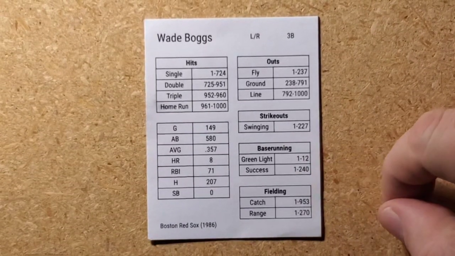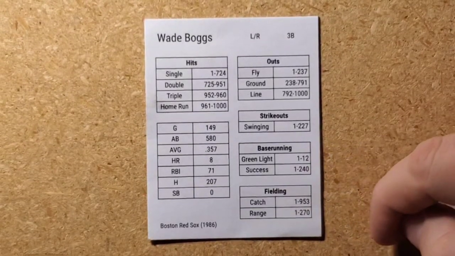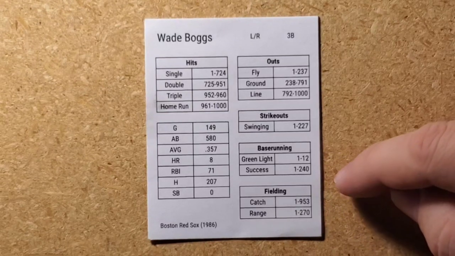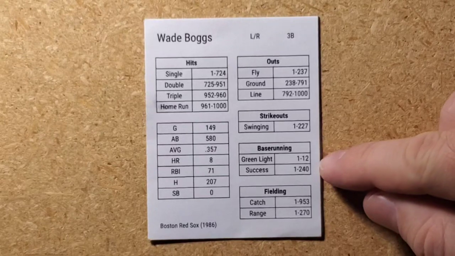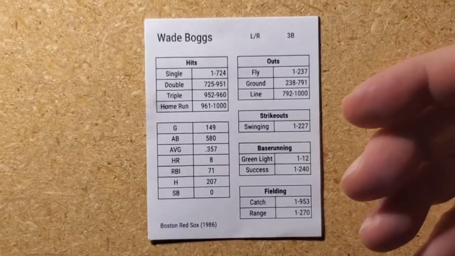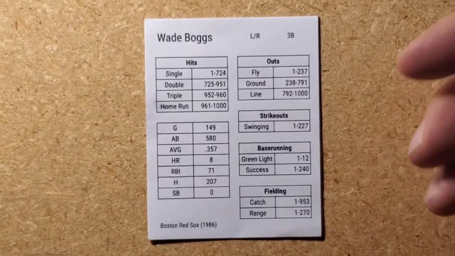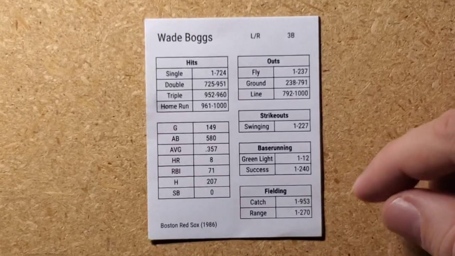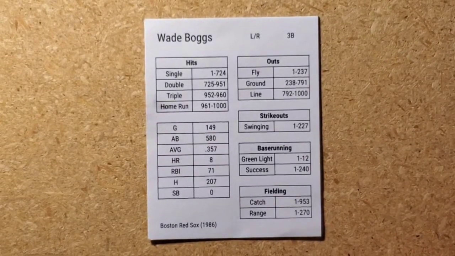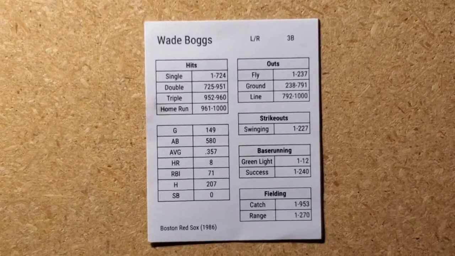When the batter is on the base paths, we're going to use our base running chart here. It may not be necessarily intuitive to you, but I think it will mean something very intuitive. The green light is just trying to normalize how many stolen base attempts each batter in the lineup makes over the course of a season. So we judge how many stolen base attempts against how many opportunities, which is standing at first base with a base open at second, essentially.